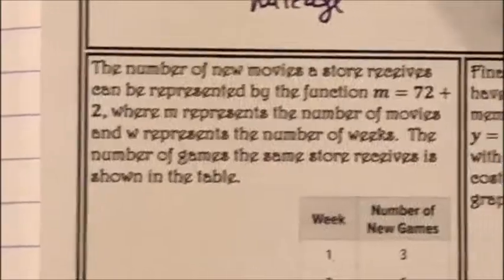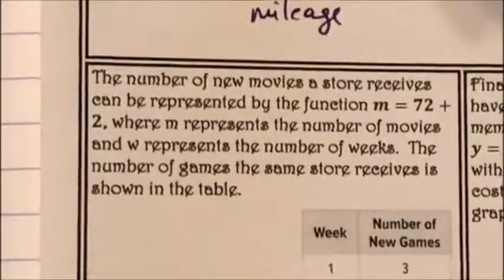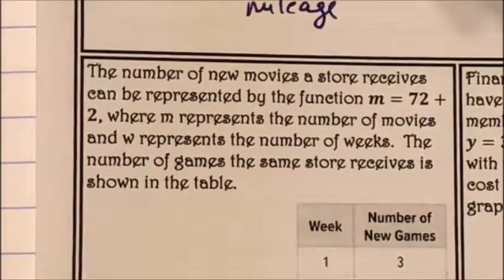Okay. The second scenario I have is the number of new movies a store receives can be represented by the function m equals 7w plus 2, where m represents the number of movies and w represents the number of weeks. The number of games the store receives is shown in the table.